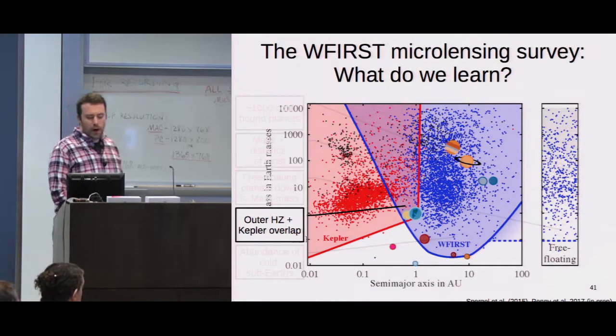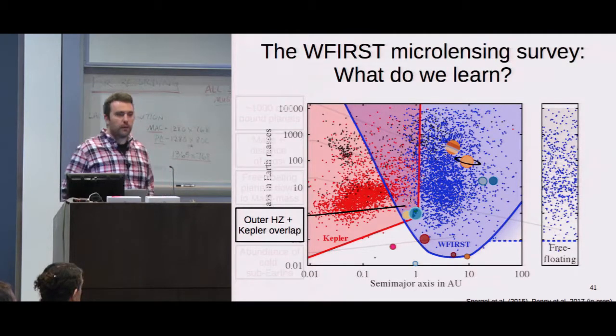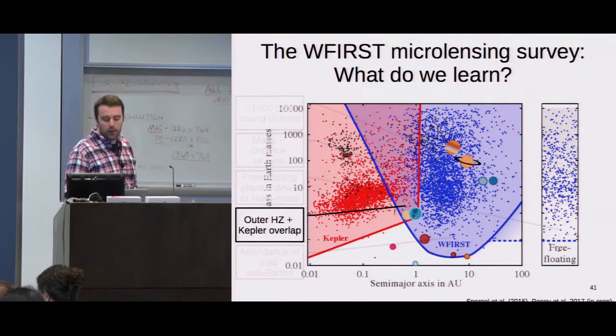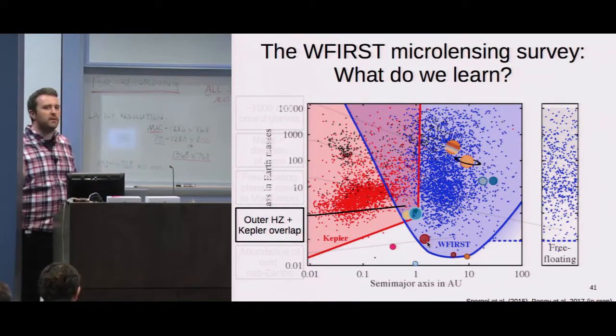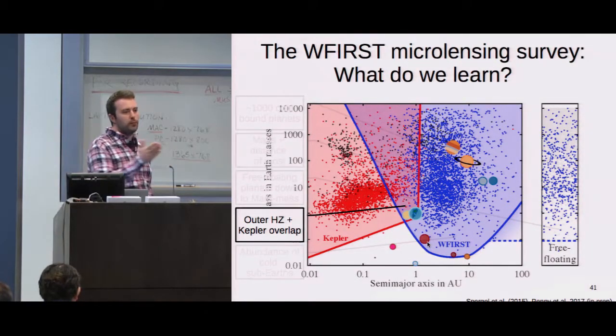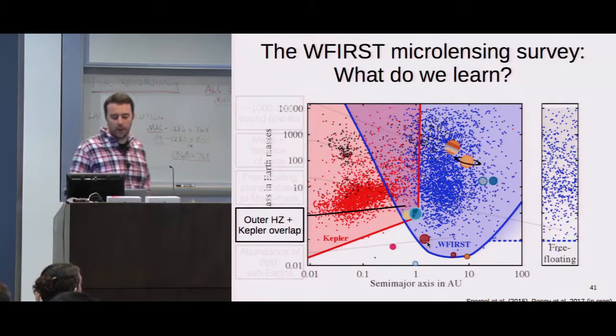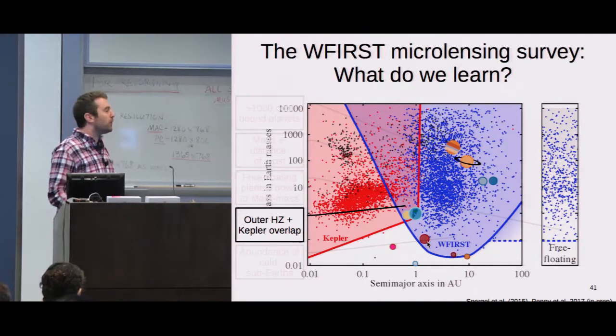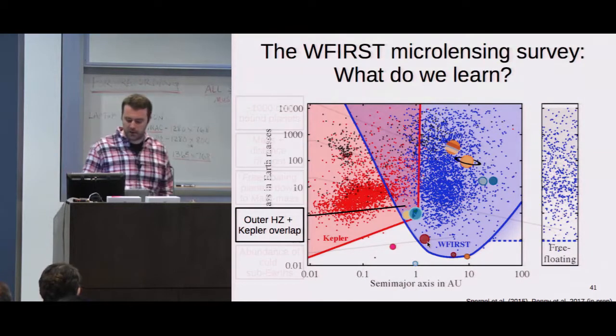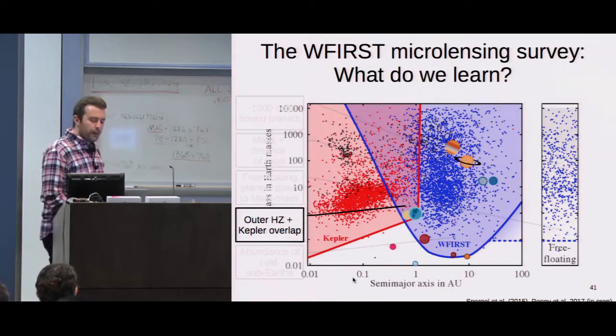So the other thing that WFIRST will be doing is it will be stretching the sensitivity of microlensing inward from where it currently is from the ground. This is just a detection efficiency effect for the main part, although the improved photometric sensitivity really helps too.